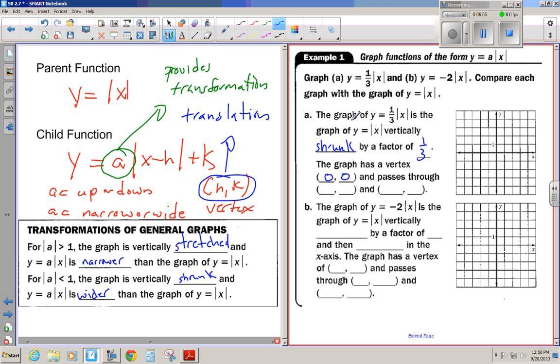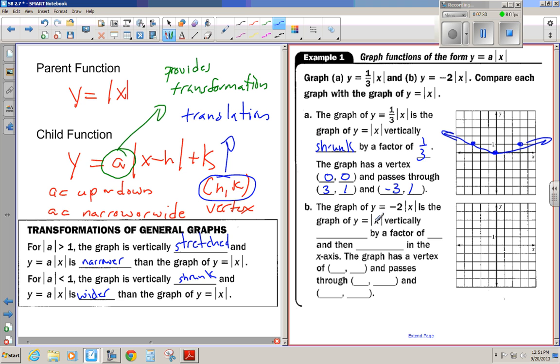For 1/3, let's use 3, because 1/3 of 3 is 1, and 1/3 of negative 3 is also 1. So 3, 1, and negative 3, 1. There you go. So this has been vertically shrunk and is wider.